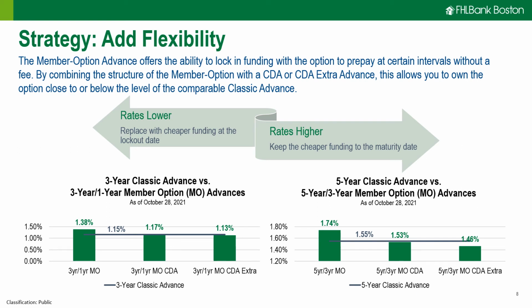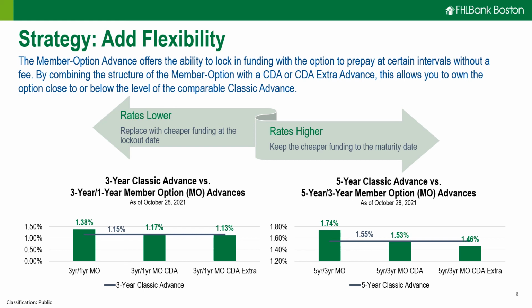So you have the ability to own that optionality in an advance and be able to collapse it early, and you can get it at a cost that's pretty close to the 3-year classic and actually below the cost if you're using the CDA Extra. So there's some flexibility that can be added to the liability side of your balance sheet if you need it.